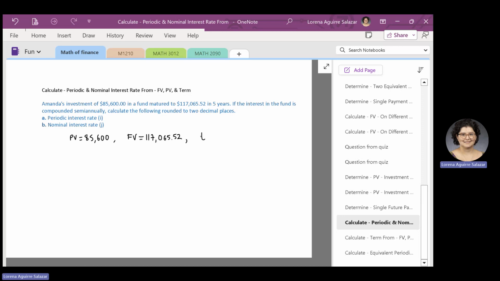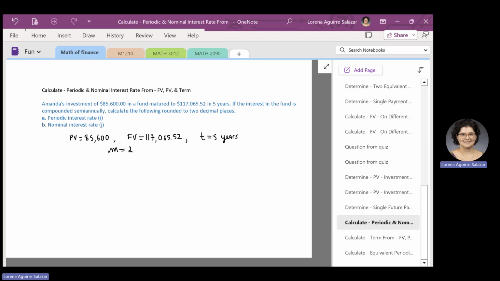Now, the interest in the fund is compounded semi-annually. That means that the interest in the fund is compounded every 6 months or twice a year. The compounding frequency then is 2 for twice a year.